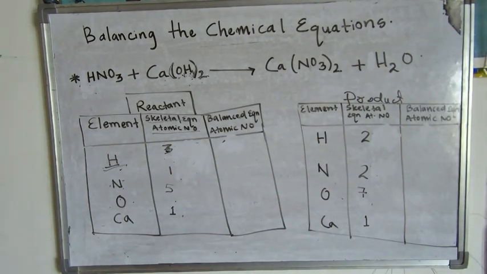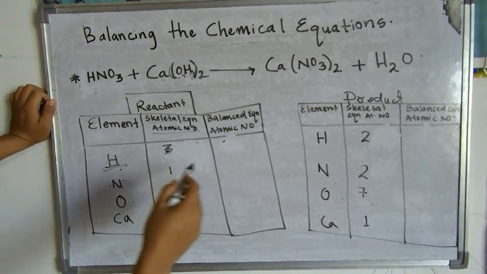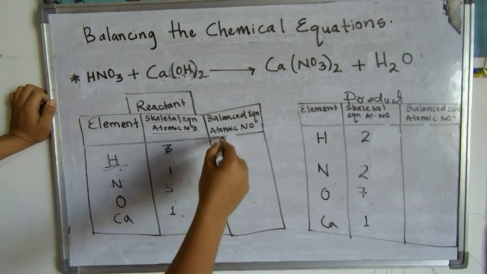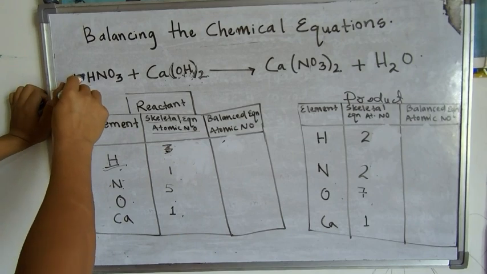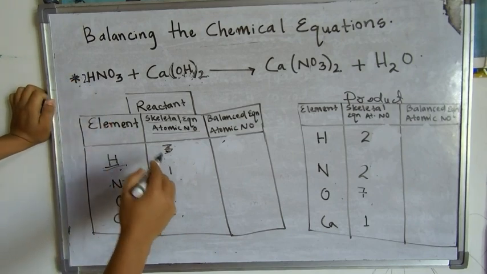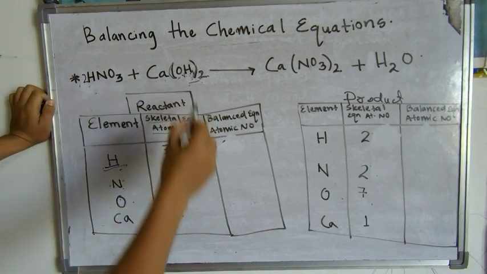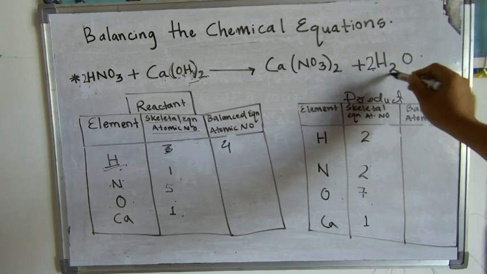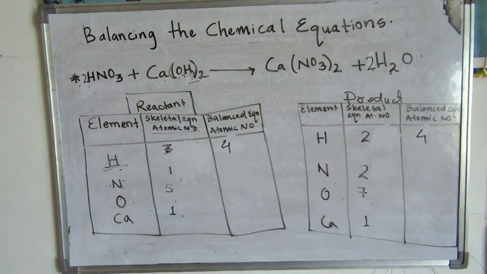So I am giving it here 2. When I give it here 2, this will become 2 and this will become 2, so it will be 4. So now when I just give it here 2, then 2 times 2, it will be 4. So this is balanced now.